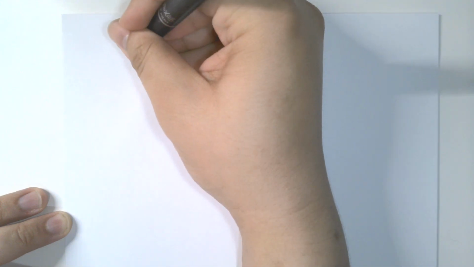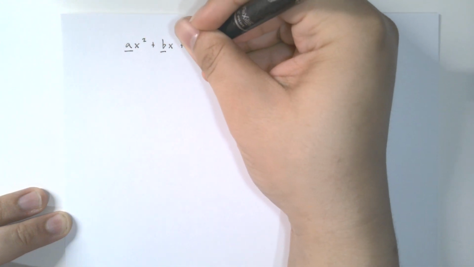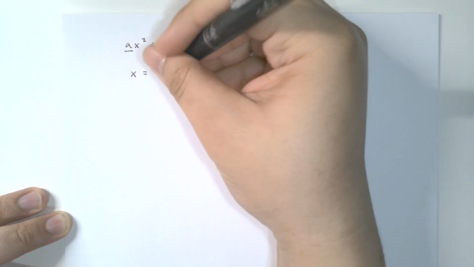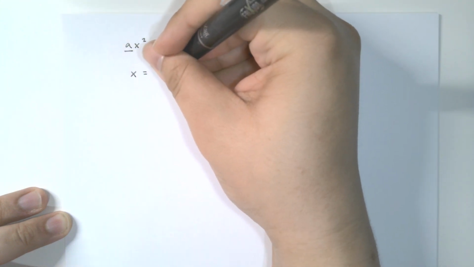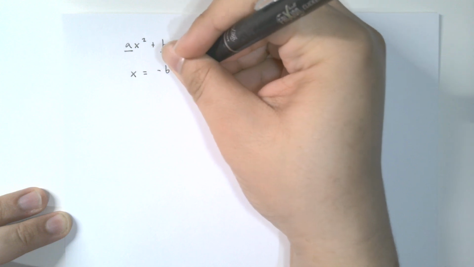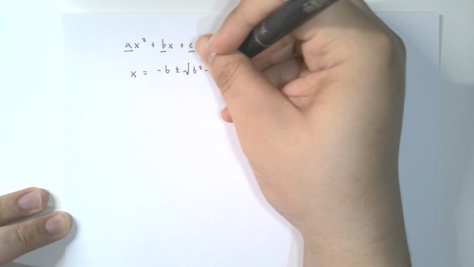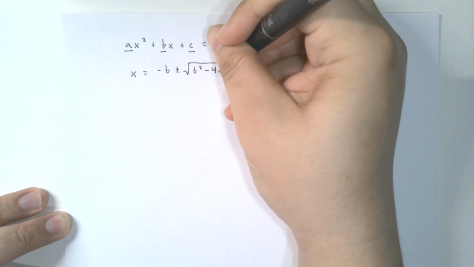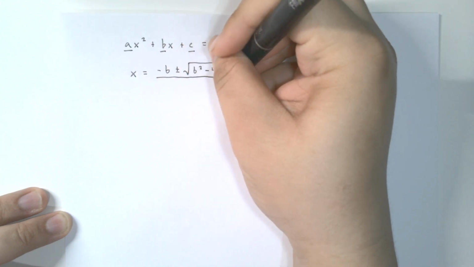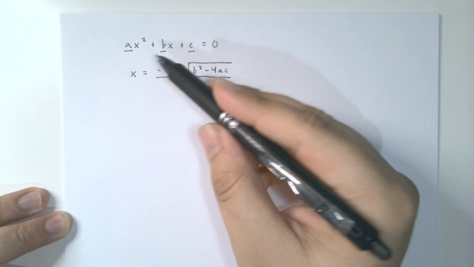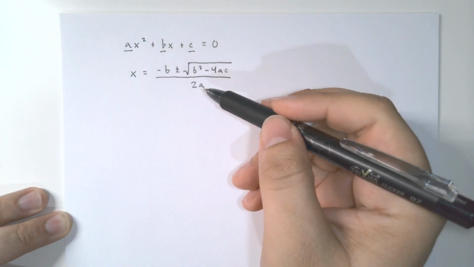And if we can identify what a, b, and c are in our quadratic, then we can use the quadratic formula, which is x is equal to negative b plus or minus the square root of b squared minus 4ac, all over 2a.